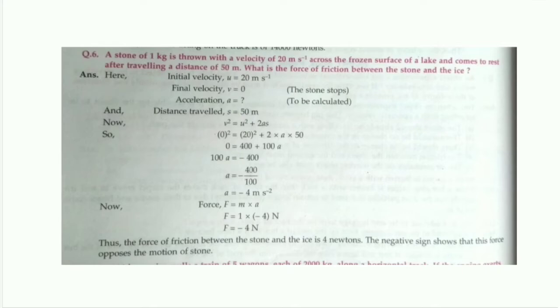Here we use the equation of motion v square equal to u square plus 2as. Substituting the values of v as 0, u as 20 and s as 50, we get a equal to minus 4 meter per second square. Now force F equal to mass into acceleration.